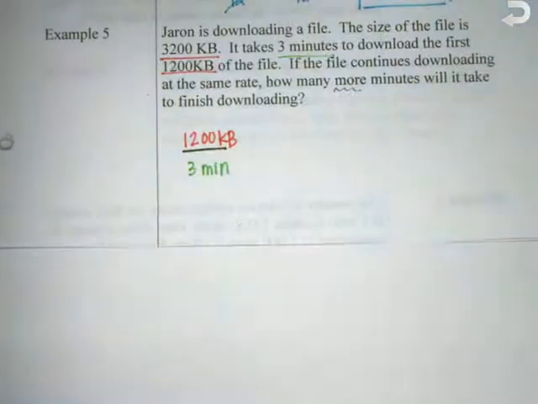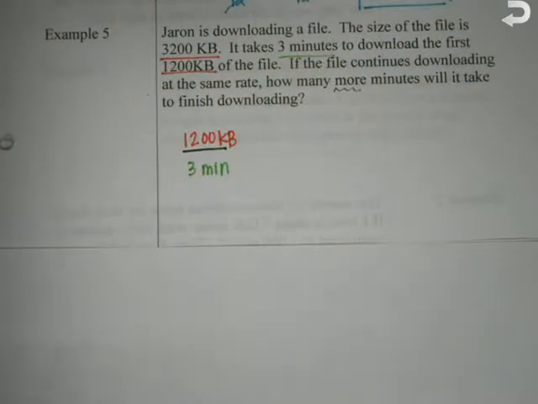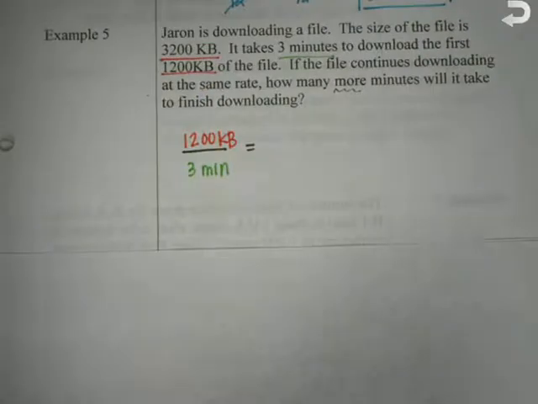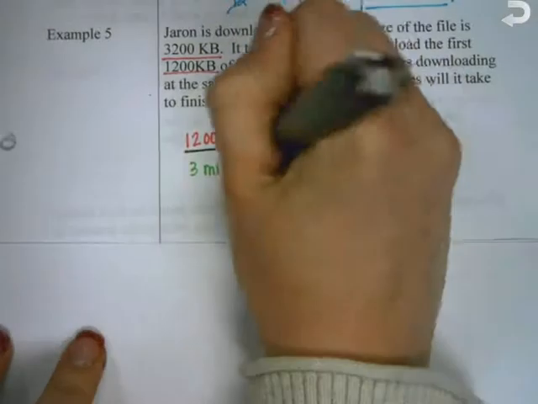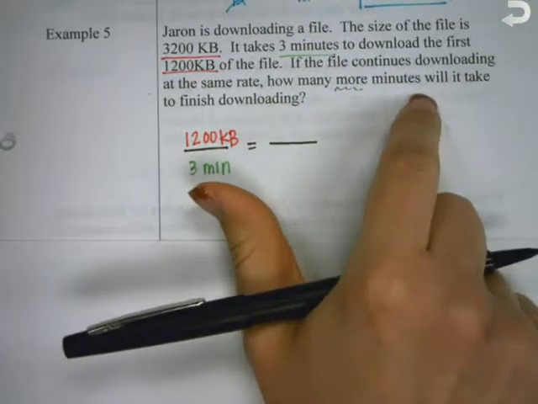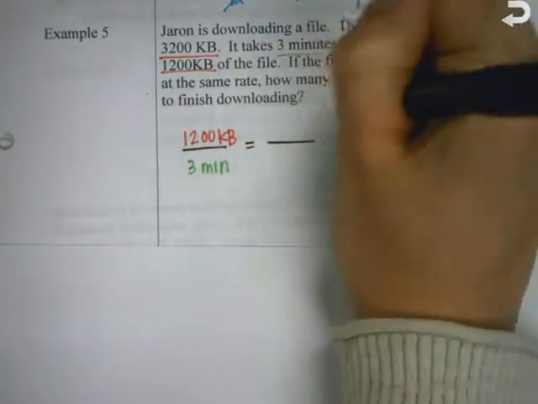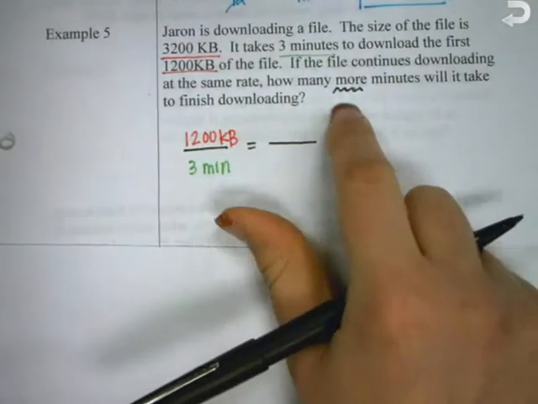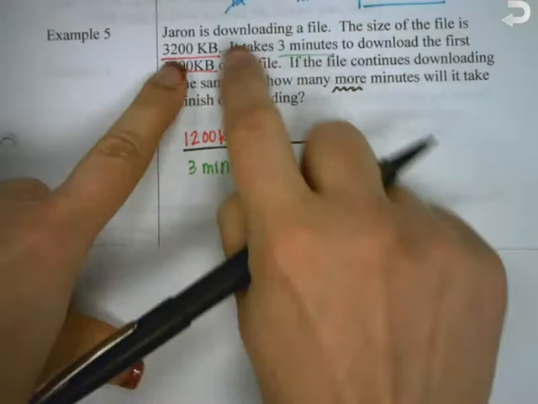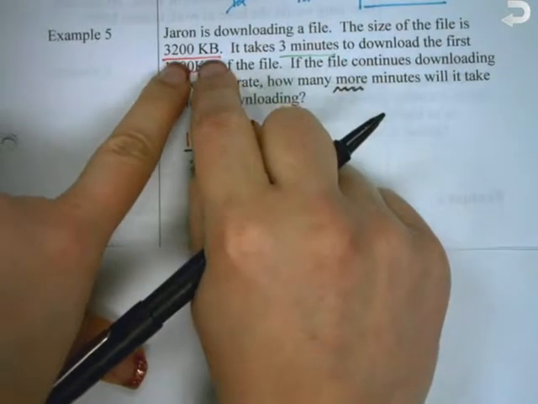Okay. If the file continues downloading at the same rate, how many more minutes will it take to finish downloading? So we're not looking at how many total minutes, we're looking at how many more. So question, are we going to use 3,200 kilobytes or are we going to use a different number? We could actually do it 2 ways.